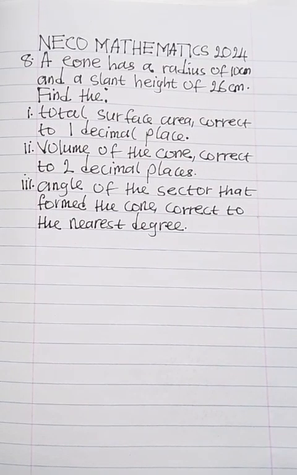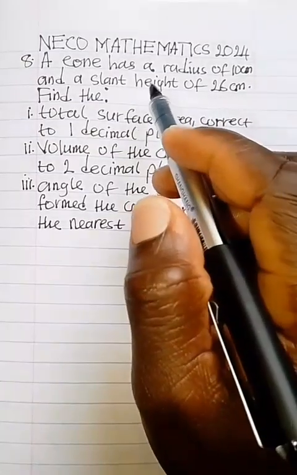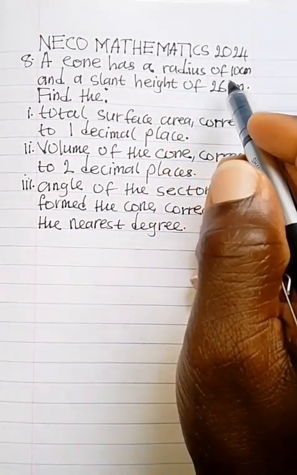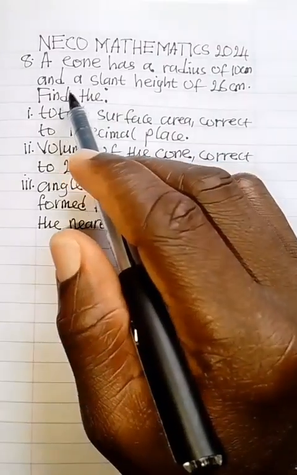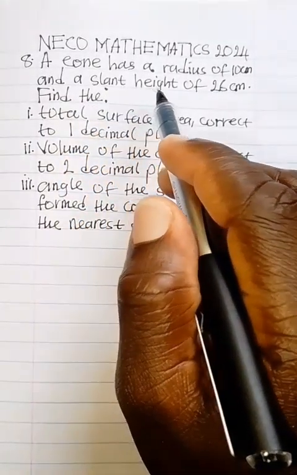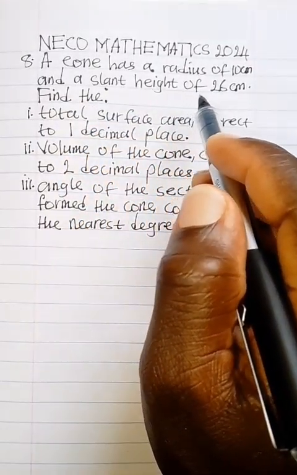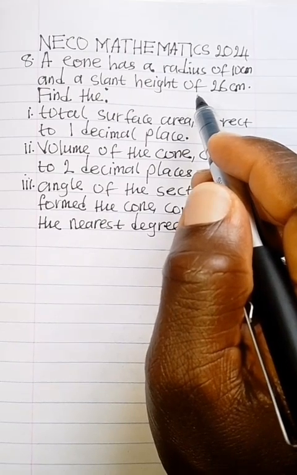NECO Mathematics 2024 Theory Question 8. A cone has a radius of 10 cm and a slant height of 26 cm.